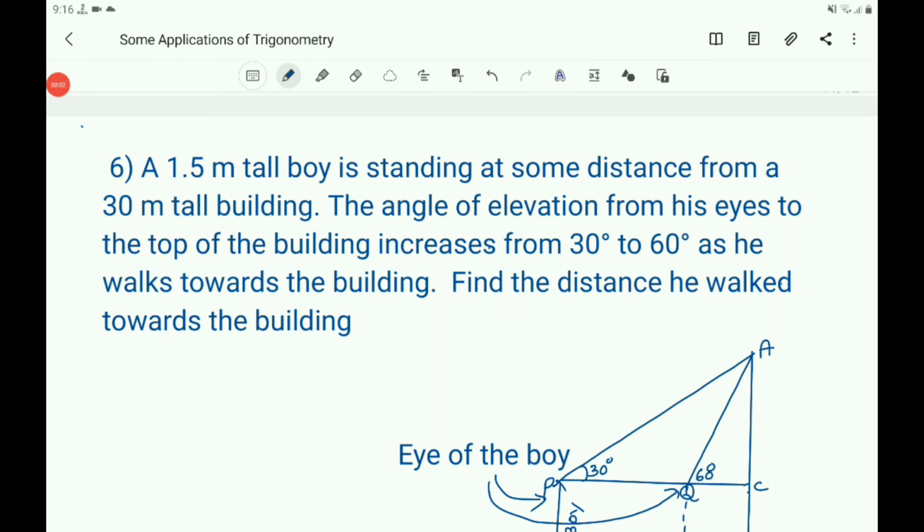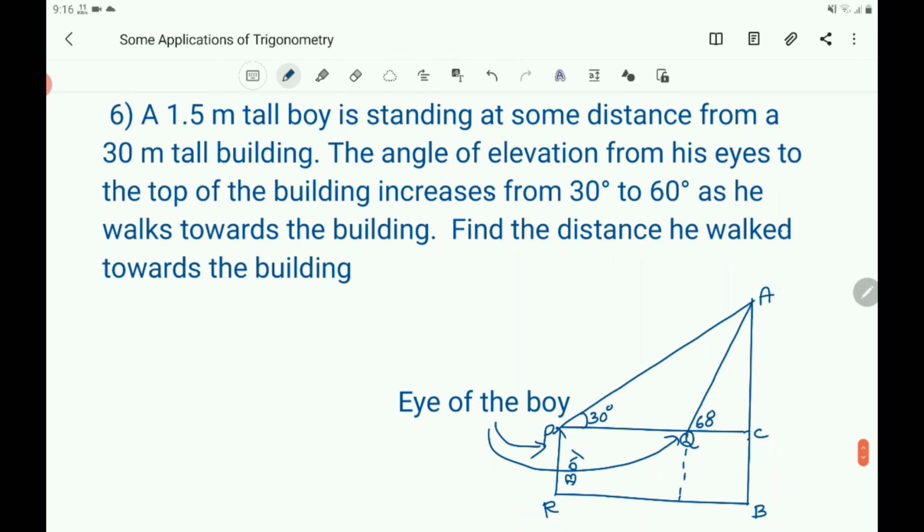Question number 6. A 1.5 meter tall boy is standing at some distance from a 30 meter tall building. The angle of elevation from his eyes to the top of the building increases from 30 degree to 60 degree as he walks towards the building. Find the distance he walked towards the building.